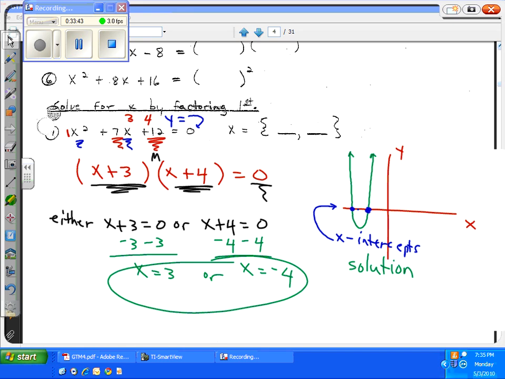They're also called the x-intercepts of the quadratic. So it would be like that's at x is negative 3 and that's at x is negative 4, where those hit. We also call them the roots of the quadratic. Since they're the values of x that make y equal 0, we also call them the zeros of the quadratic.